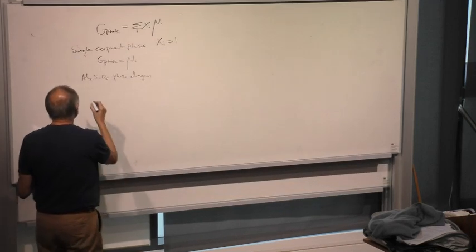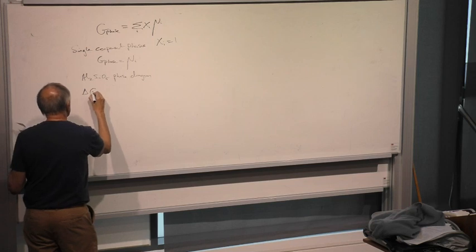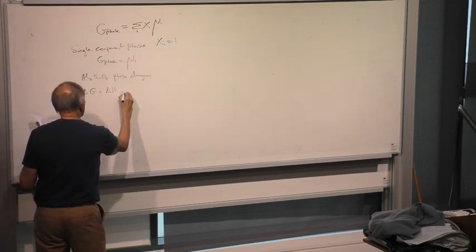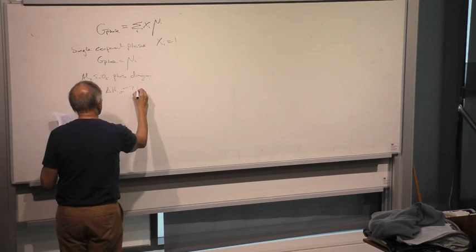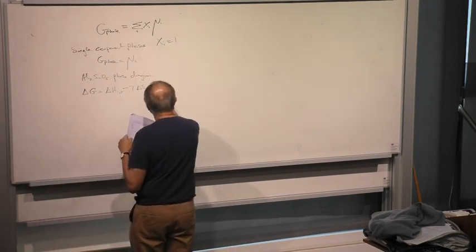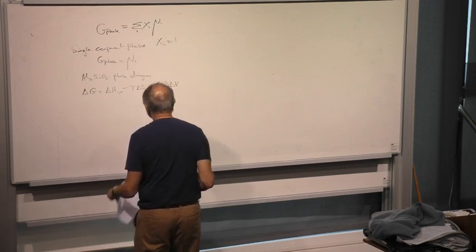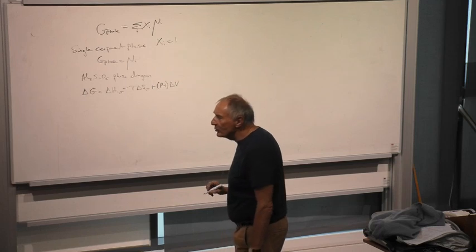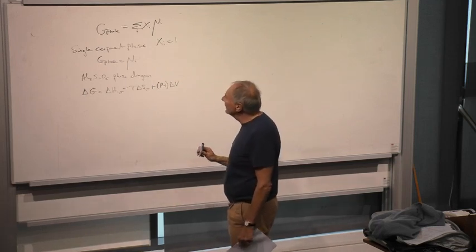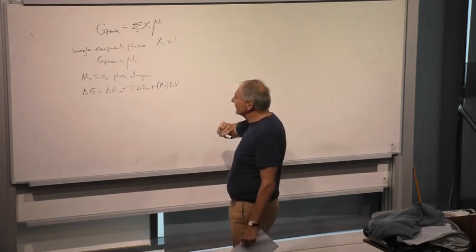And we're using the condition delta G equals delta H at 1 bar and T, minus T delta S at 1 bar and T, plus P minus 1 into delta V. So they're all solids, there are no liquids or gases involved, so we can assume that delta H and delta S are independent of temperature.